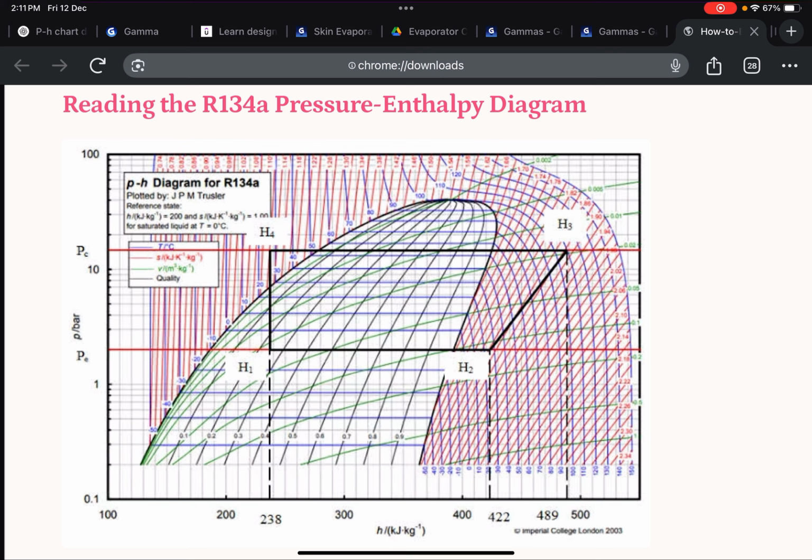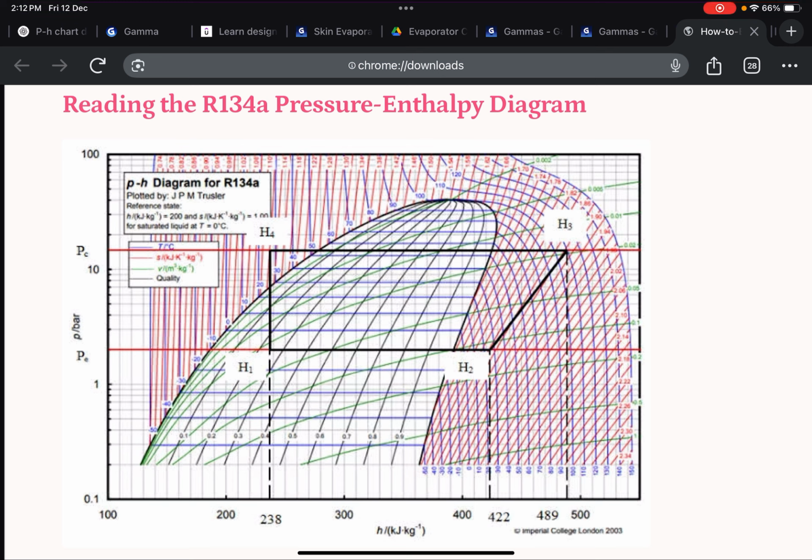The refrigerant absorbs heat from the space to be cooled in the evaporator section of the refrigeration system, and hence the enthalpy of the refrigerant in the evaporator increases from 238 up to 422 kilojoules per kg.